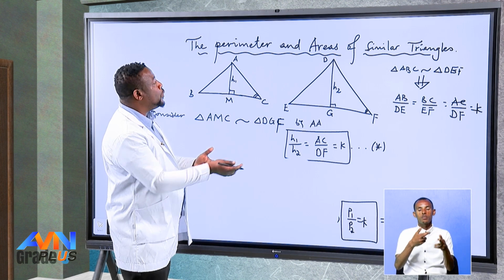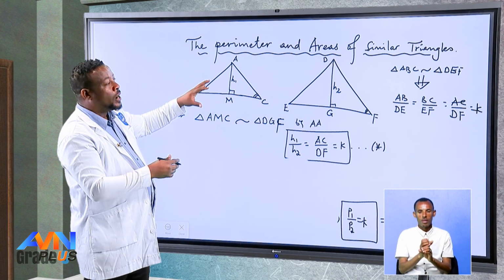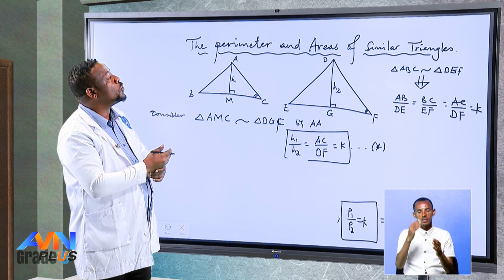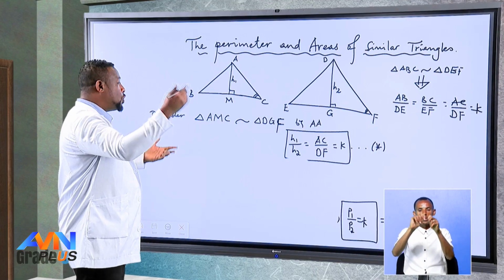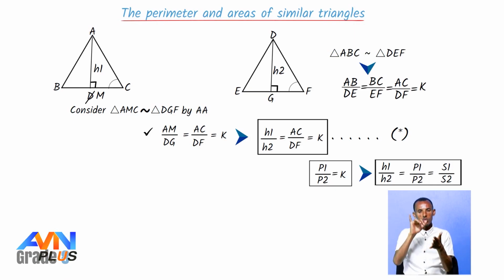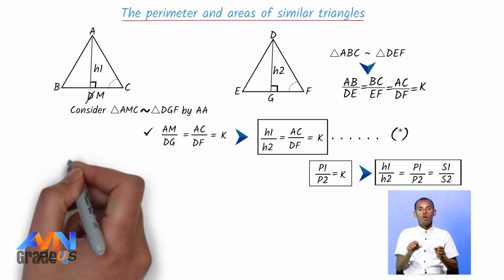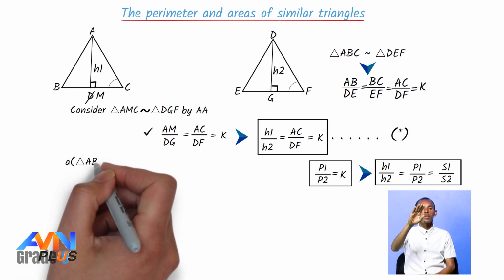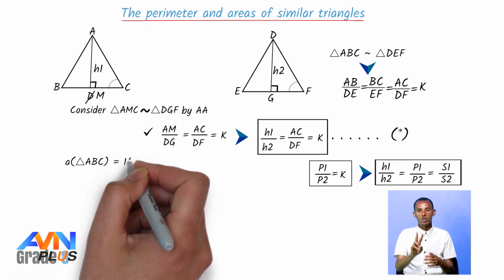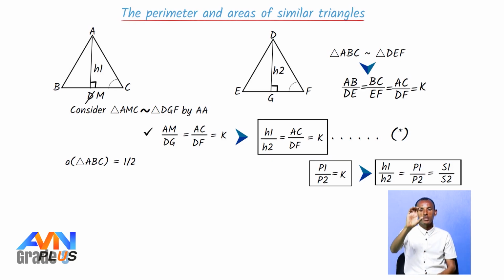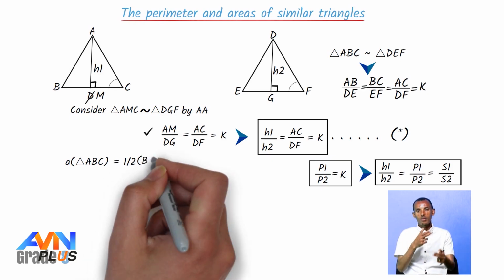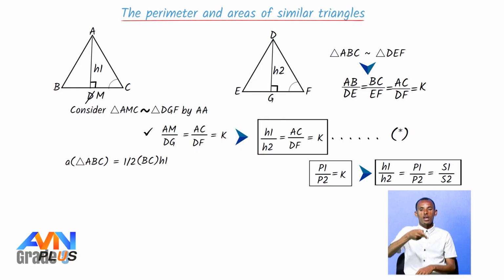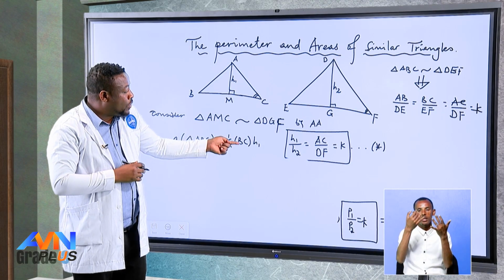Now let's determine the ratio of the areas of the two triangles. So you know that the area of triangle ABC is half of the base BC times the altitude H1, right? We have this.